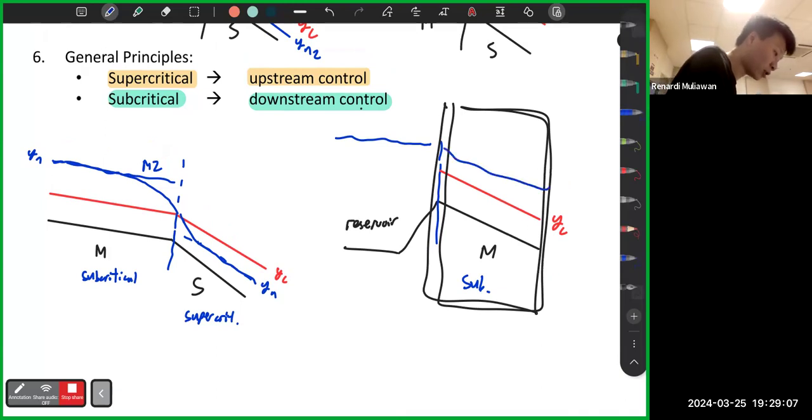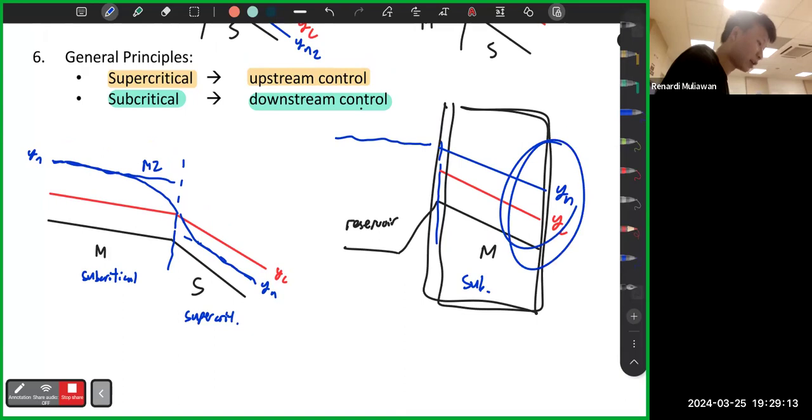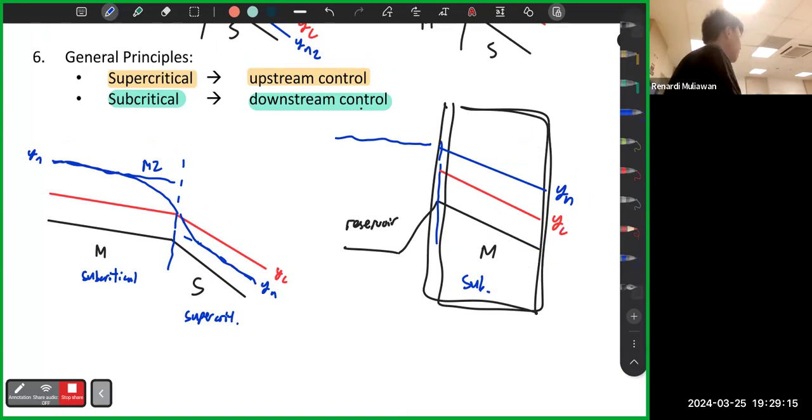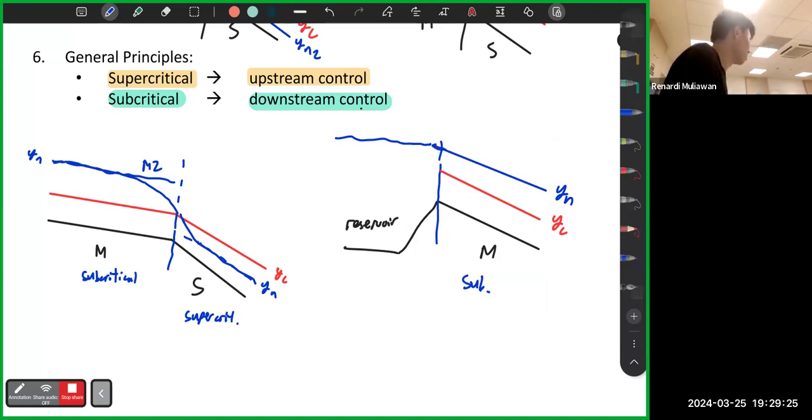It just goes YN all the way, no curve. That's the key. If there's nothing downstream, it's automatically normal depth all the way. It doesn't matter what's happening upstream. That's what downstream control means.